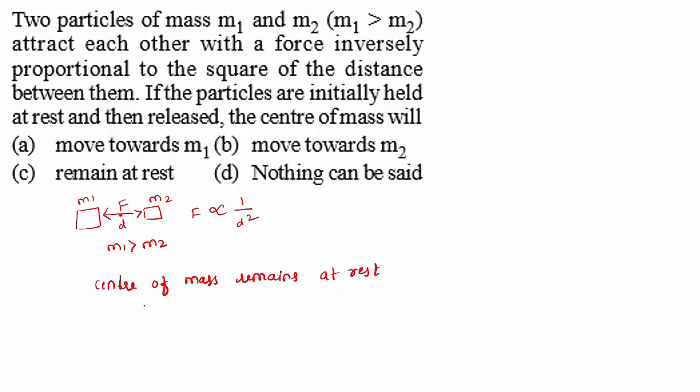Both are equally attracted in magnitude, the same magnitude and opposite in direction. So their magnitude of force is mutual and equal. When it is equal, the center of mass does not change. So you can see here the force of attraction is mutual.